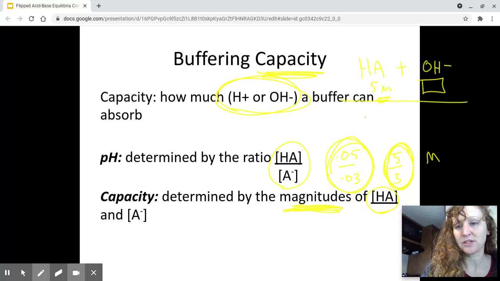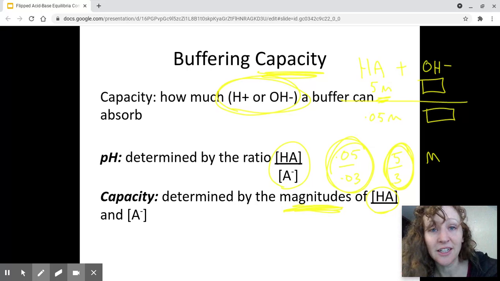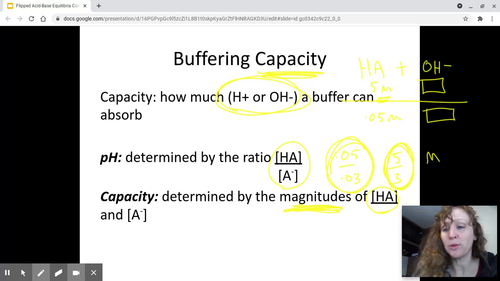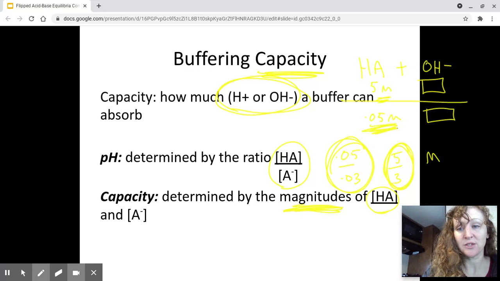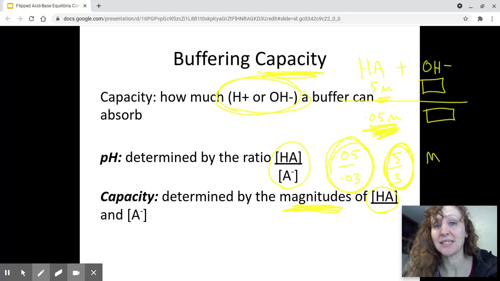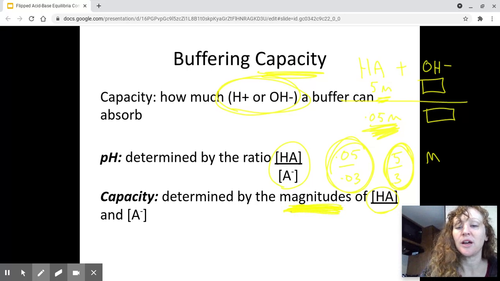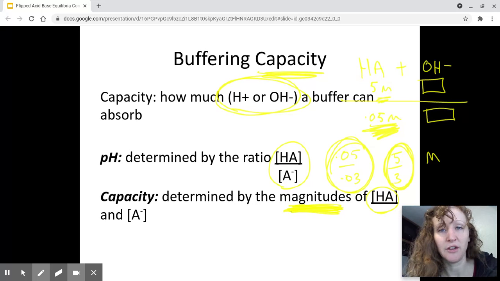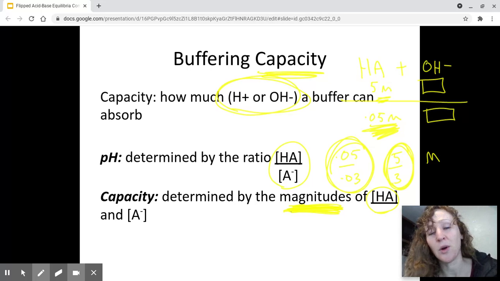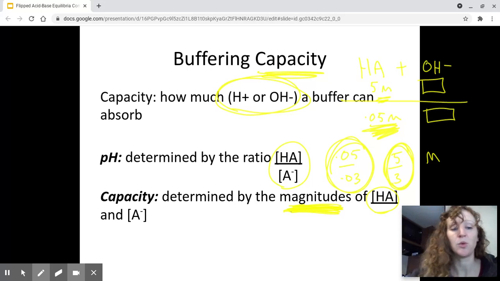Not the case for something that is 0.05 molar. How much base can I add here? Can I add 5 molar of my base? No, because you're going to use up all of this weak acid and you won't have weak acid left to absorb more base. So the magnitude of your concentration of weak acid and conjugate base are going to determine how much base or acid that buffer can absorb.